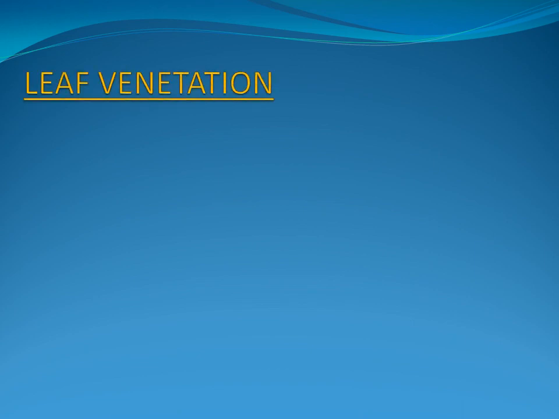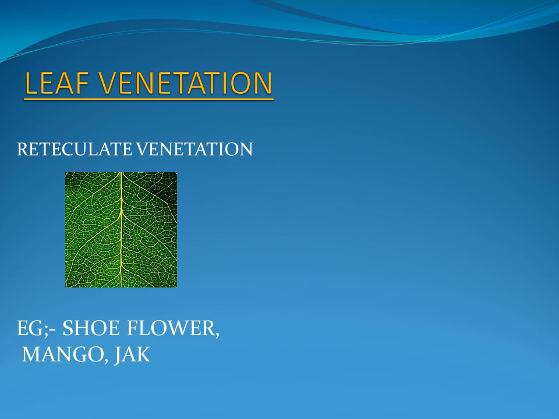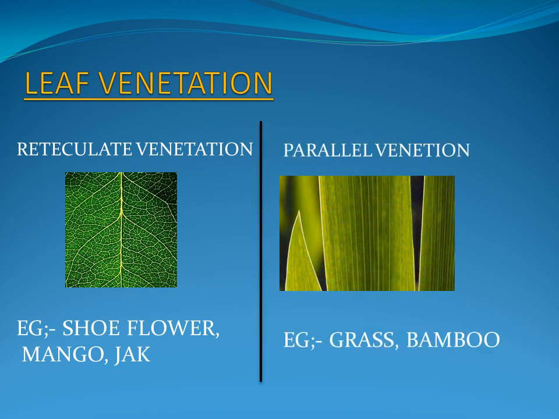So the next one is leaf venation. Reticulate venation looks like this. Examples are shoe flower, mango, and jack. So guys, you can see these are reticulate venations. Leaf venation is mainly divided into two types, reticulate venation and parallel venation. Reticulate venation is like this, and parallel venation runs up to down or down to up.